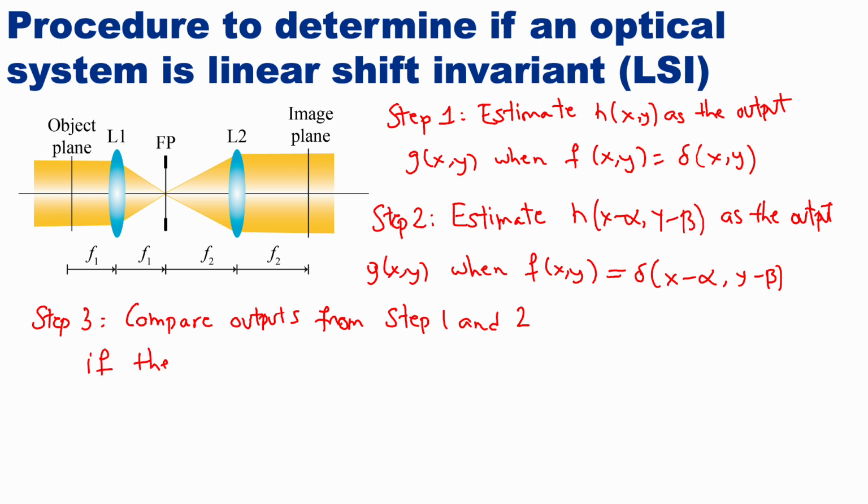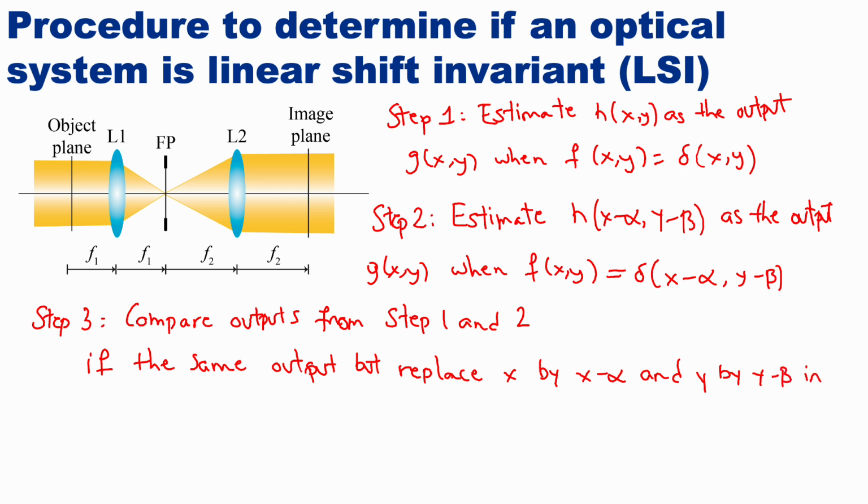If we have the same output, but we have replaced x by x minus alpha and y by y minus beta in step 2, then the system is linear shift invariant.